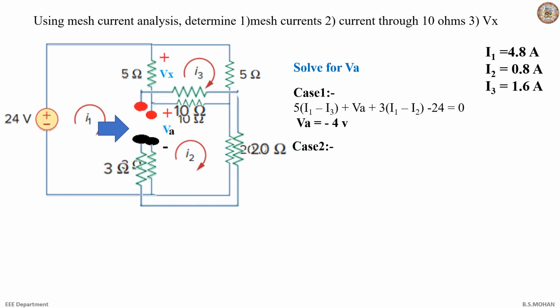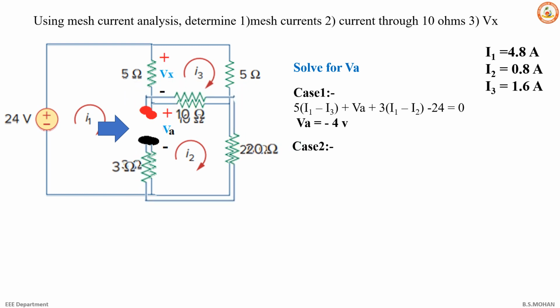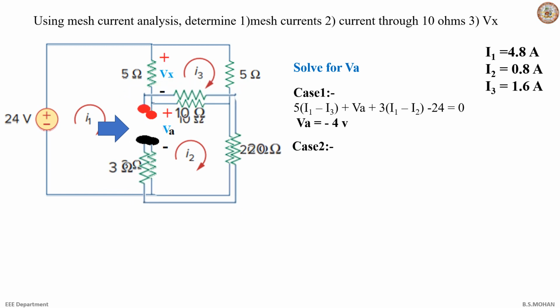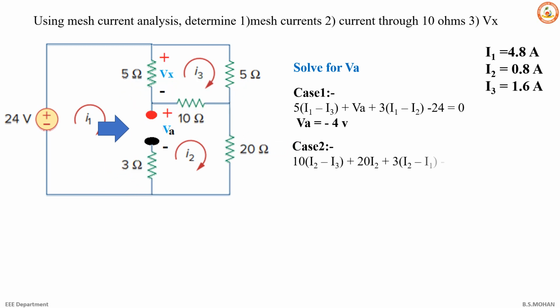We'll find the voltage across 10 ohm, as the current flowing through it would be I2 and I3, the current flowing through 20 is I2, and the current flowing through 3 ohms is I1 and I2. Using these currents, we'll find the voltage drops, and then VA is the same as in case 1. So in the exam, you can apply any one method, either case 1 or case 2, to solve for your unknowns.